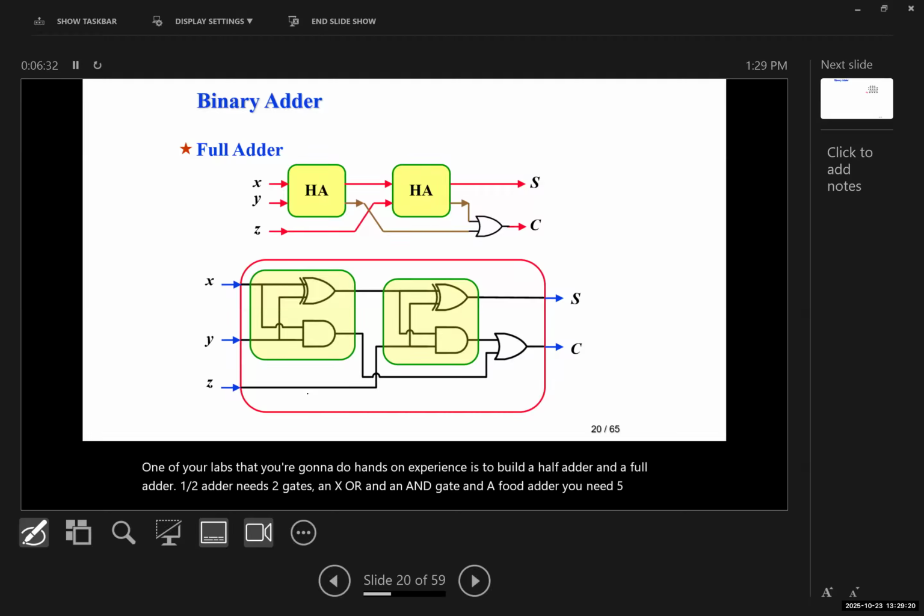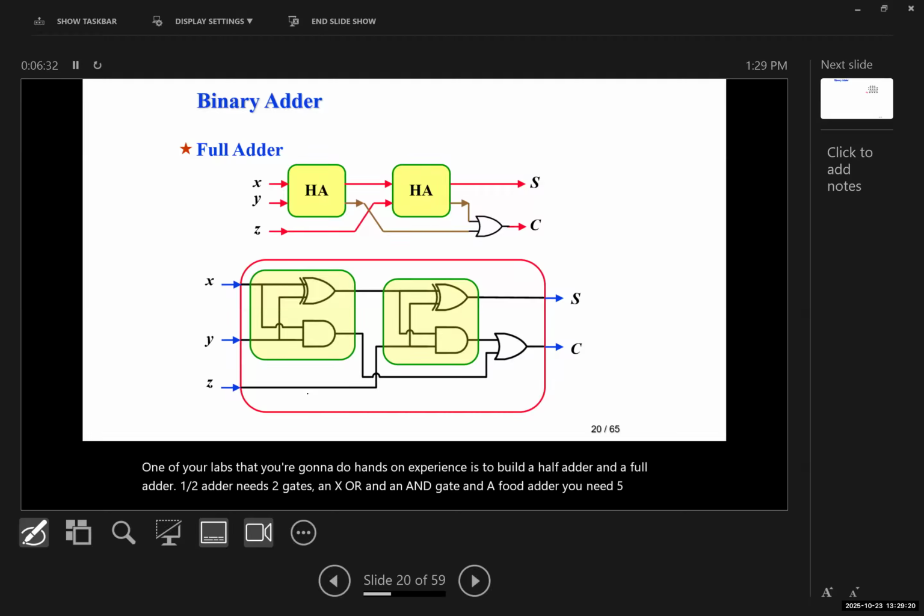What happens if I XOR 1 with 0 for the first one? 1. What happens if I XOR 1 with 0 again for the second digit? 1. What happens if I XOR 0 with 0? What happens if I XOR 1 with 0? So you can see that we have created a buffer using these XORs.